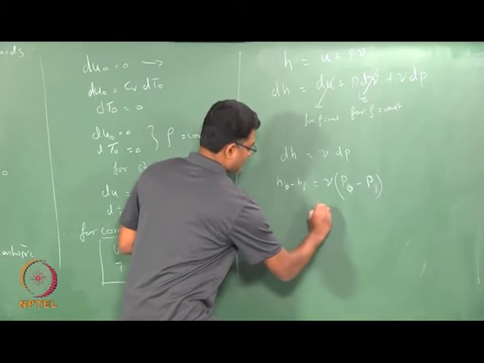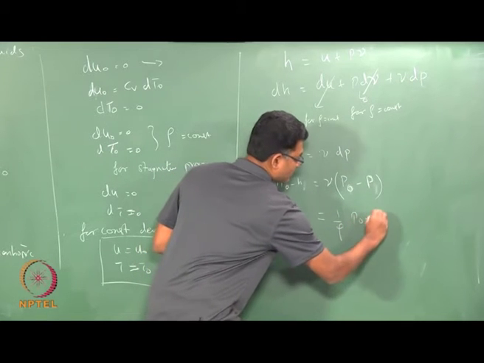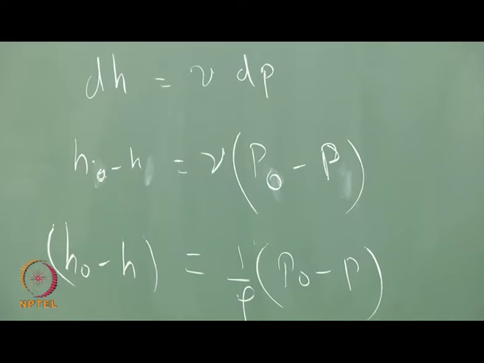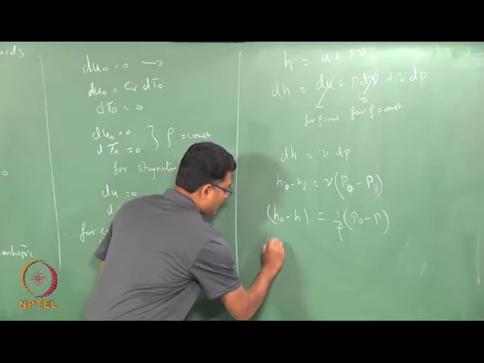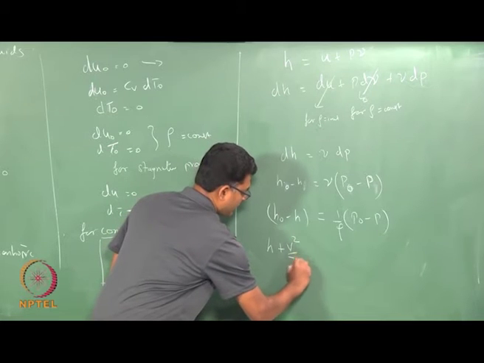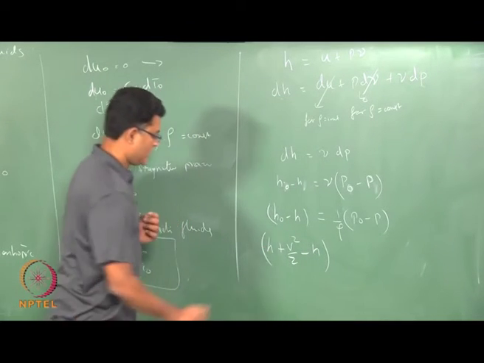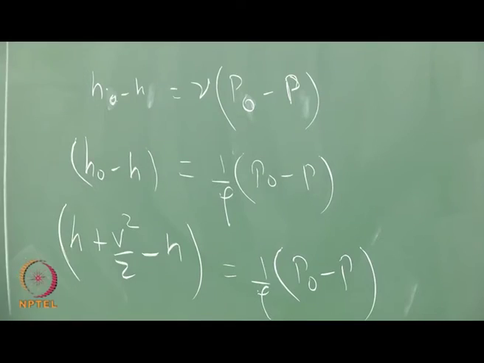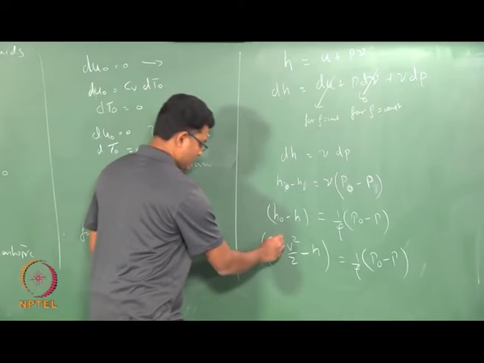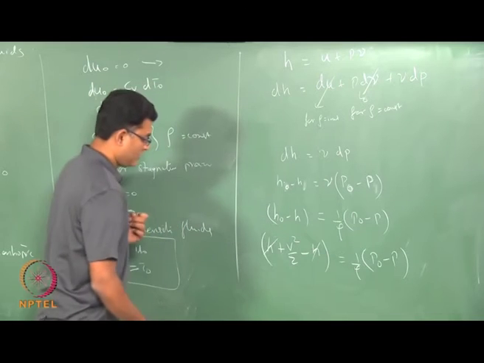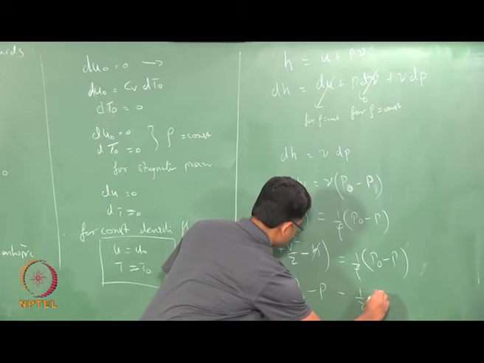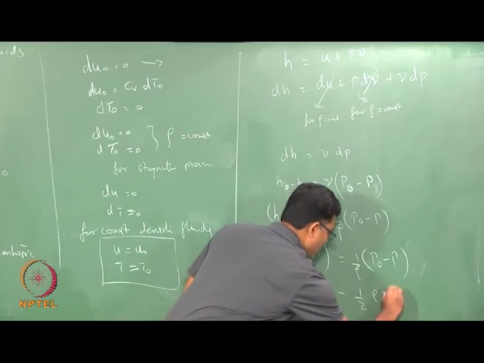I can replace v as 1 by rho, so it is 1 by rho times P0 minus P, equal to H0 minus H. Okay. Now, H0 is H plus V square by 2, minus H, equals 1 by rho P0 minus P. So, my H and H cancel out. So, my P0 minus P is 1 by 2 rho V square.